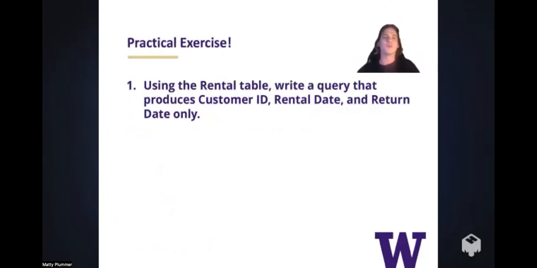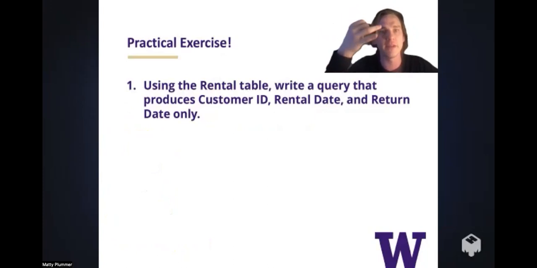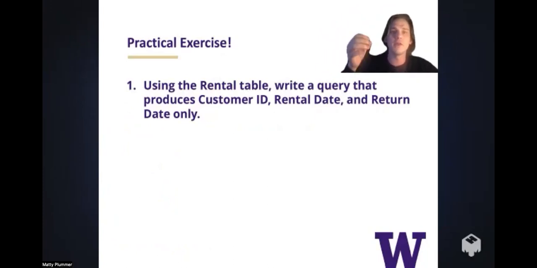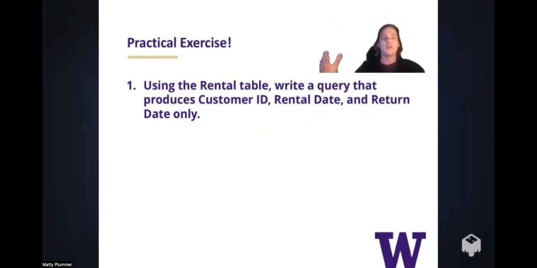Okay, now we're going to do a practical exercise. You should have on your screen the query that you just wrote. Use that as a frame. We've gone over how a query is constructed: the select statement, where you identify the columns that you want, the from statement, and then the table that you're looking for.